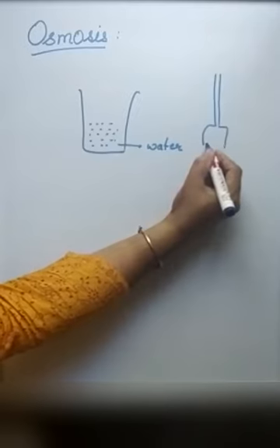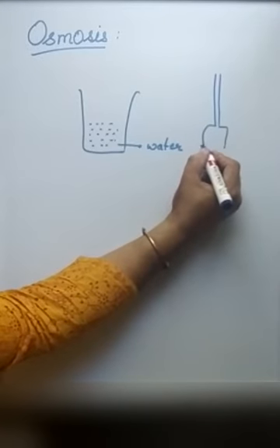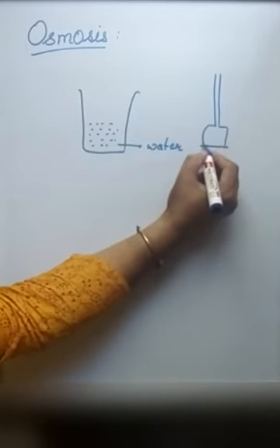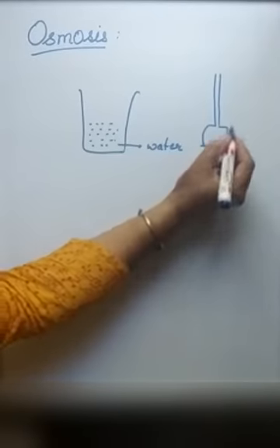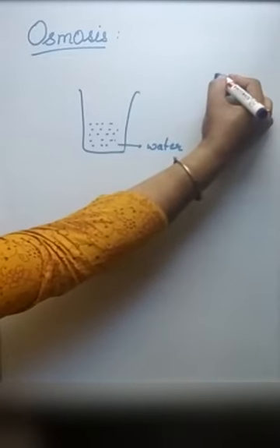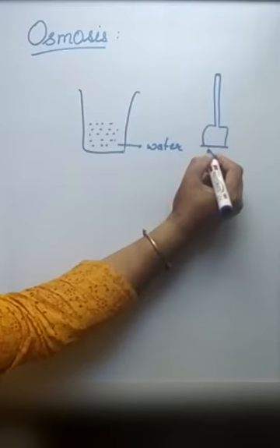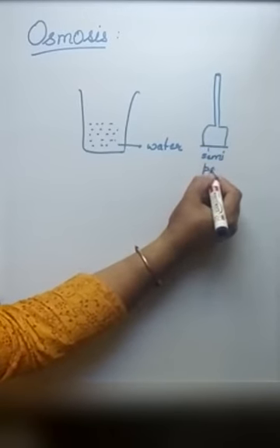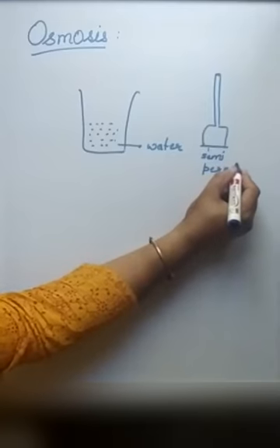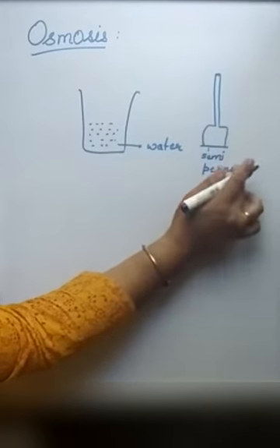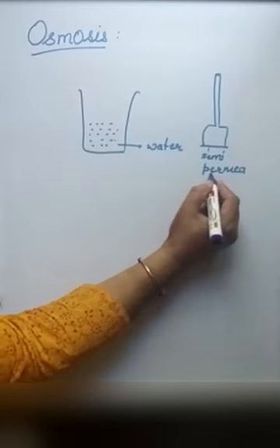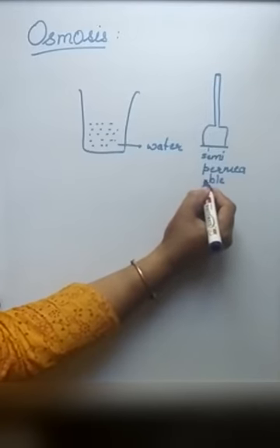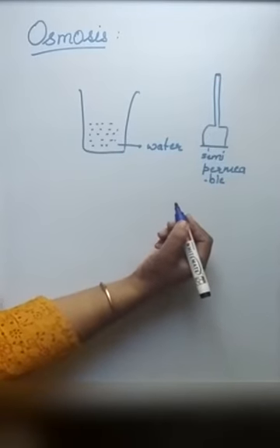We have fixed a semi-permeable membrane over the mouth of the thistle funnel, the wide mouth of the thistle funnel. What is a semi-permeable membrane? A little later I will tell you. The semi-permeable membrane is fixed over the mouth of the thistle funnel.